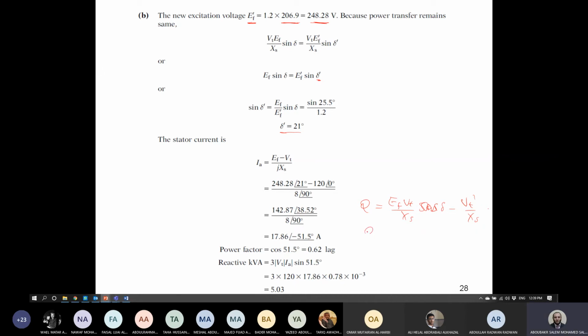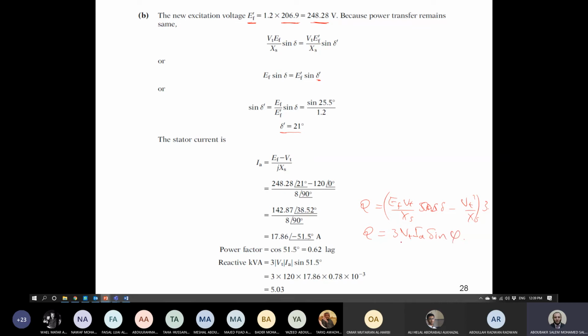Or using the relation of three-phase reactive power for any source, which is multiplied by 3: 3 multiplied by V terminal as phase, multiplied by IA, multiplied by sine phi.